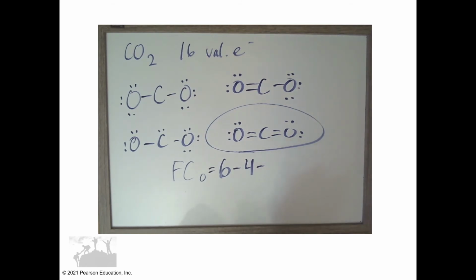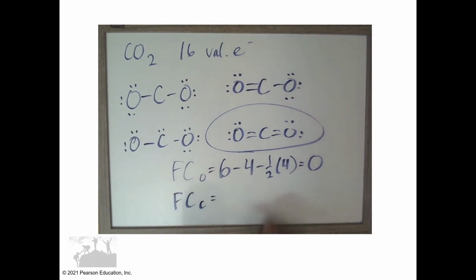Now how many bonding electrons are there for this oxygen? We have 4, because we have a double bond connecting oxygen to carbon. We're only going to take half of those. So when we do the math, we should end up with a formal charge of 0.